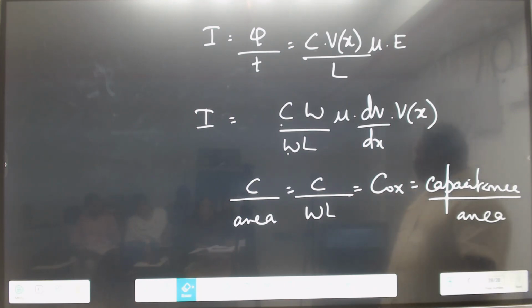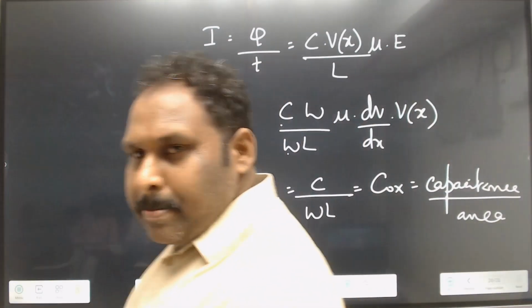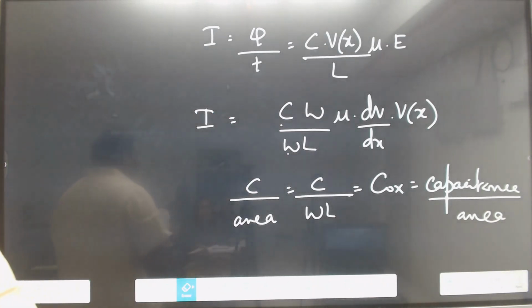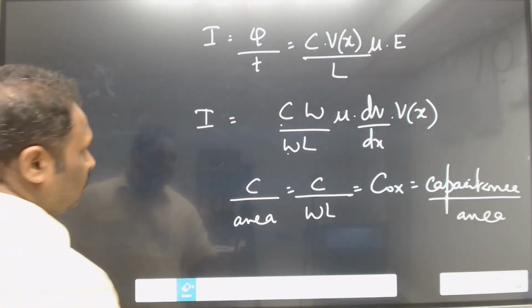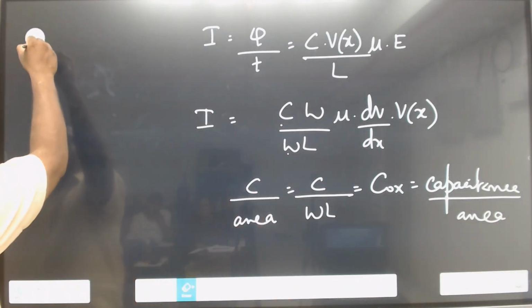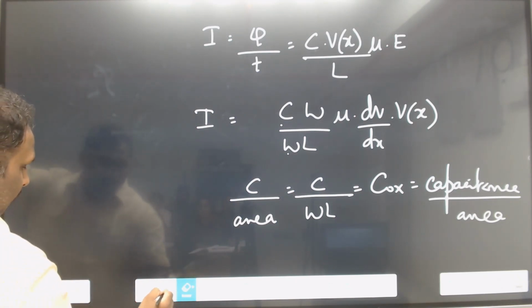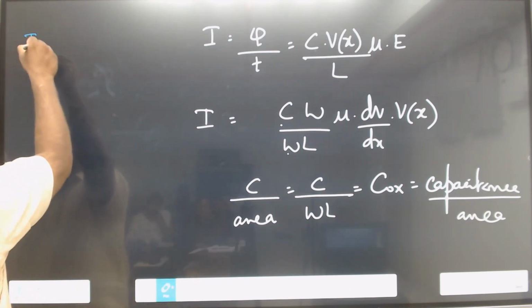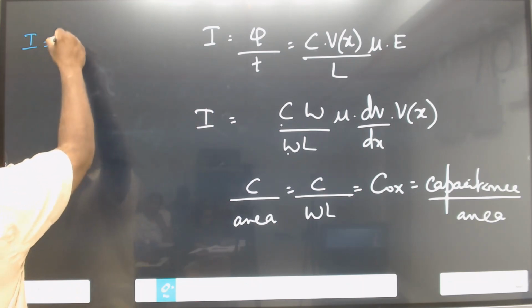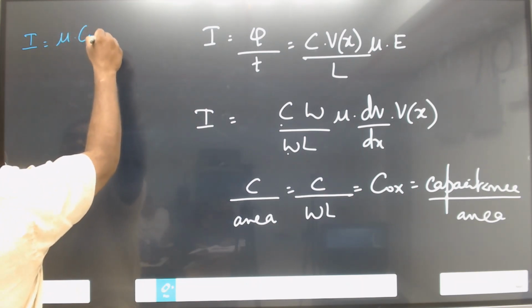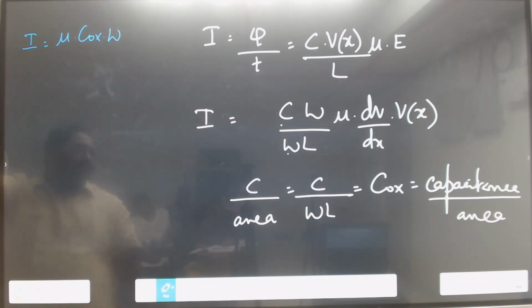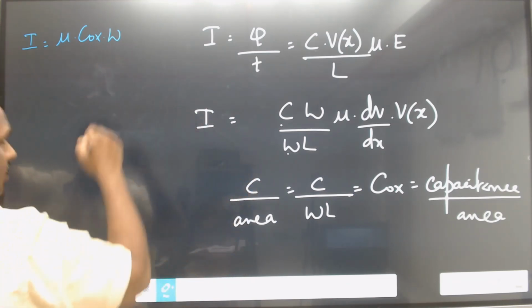What is V of x? I is equal to mu COX into W, into what is V of x?